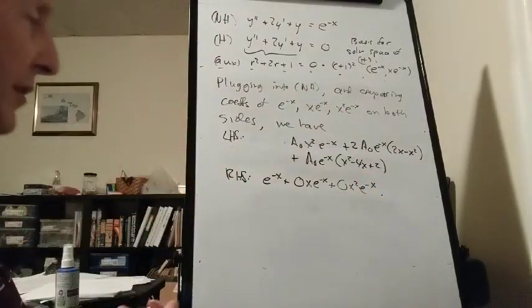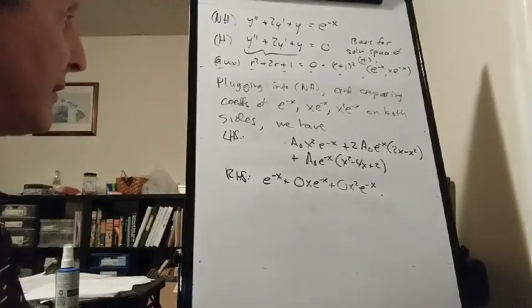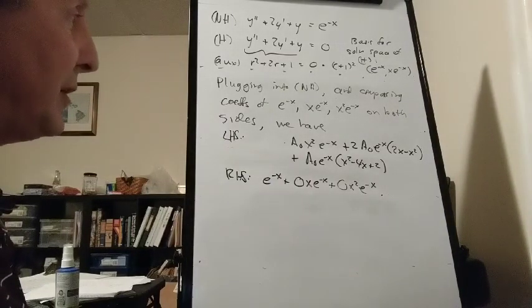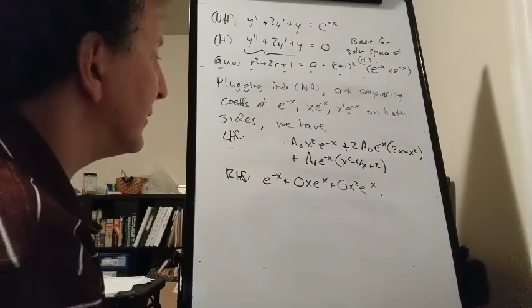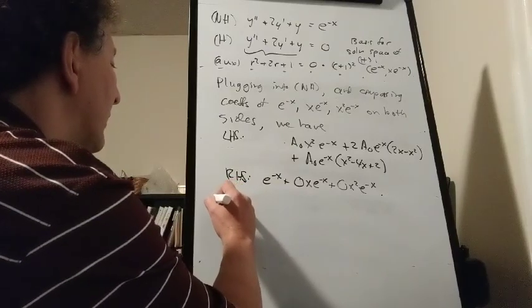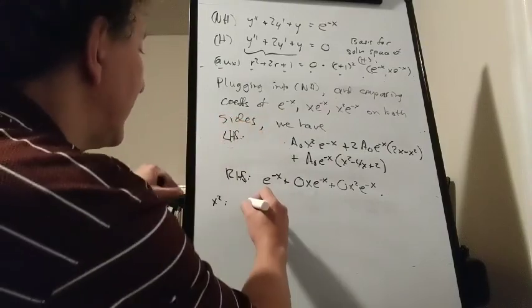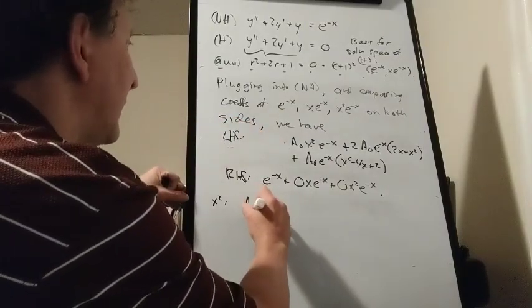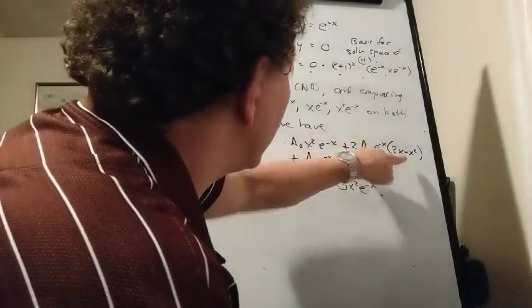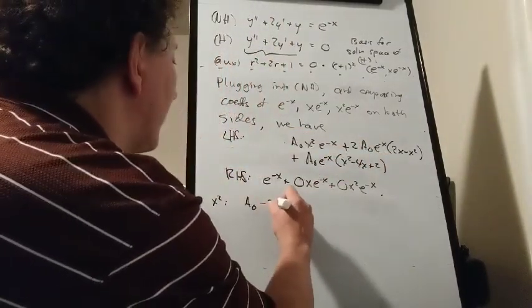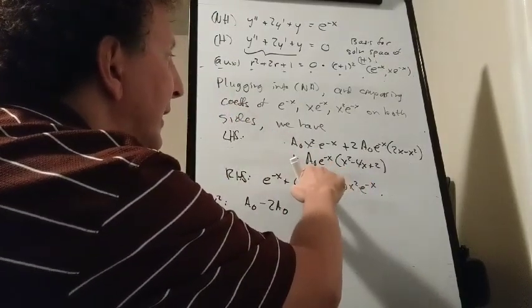So coefficients of the same functions have to be equal. Let's see, so the coefficient of x squared e to the negative x on the left-hand side we have a naught minus 2a naught plus a naught.